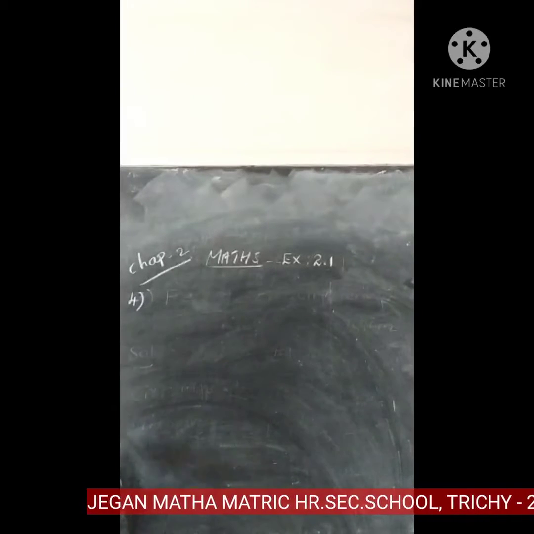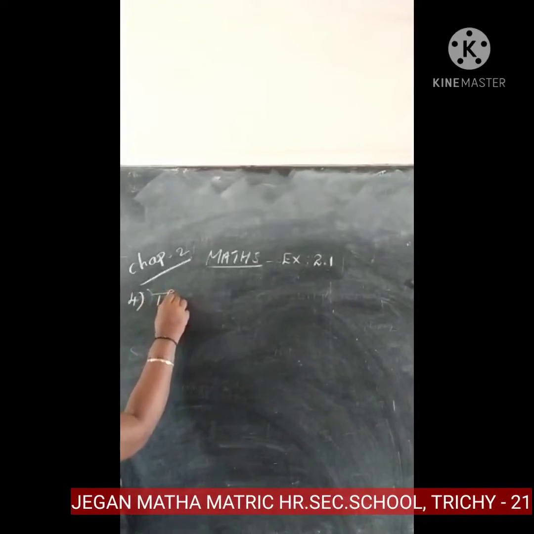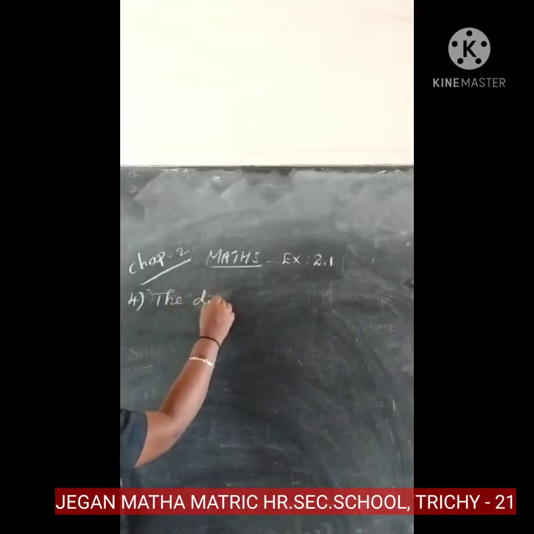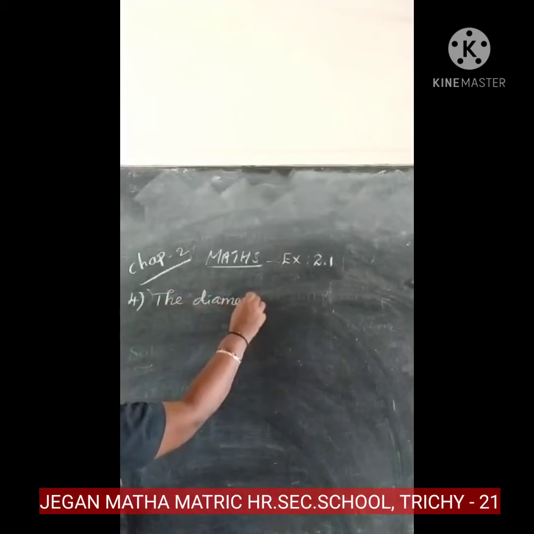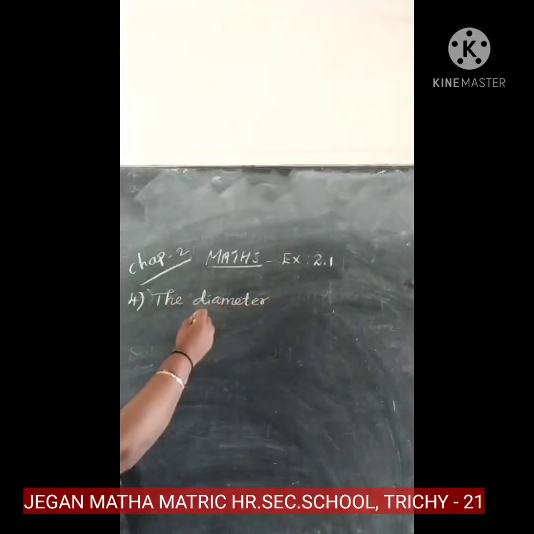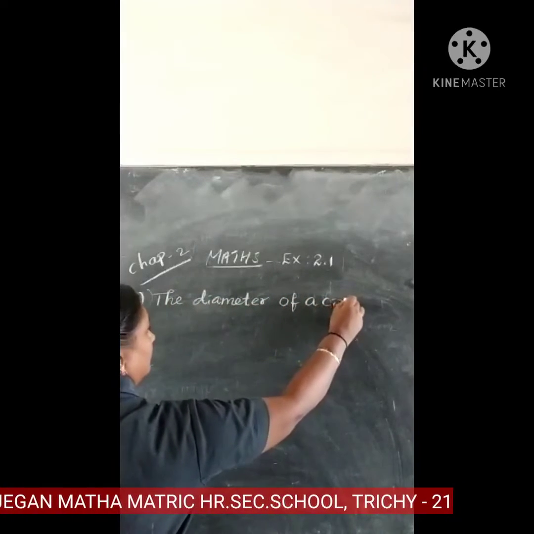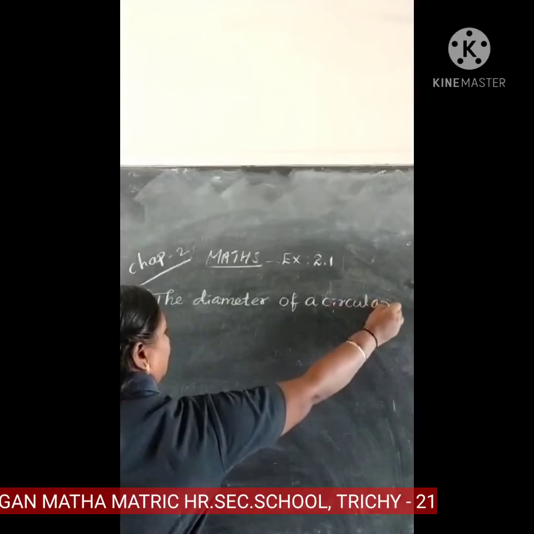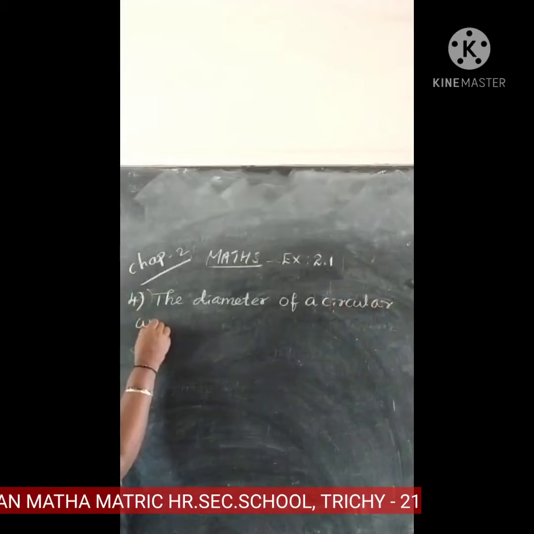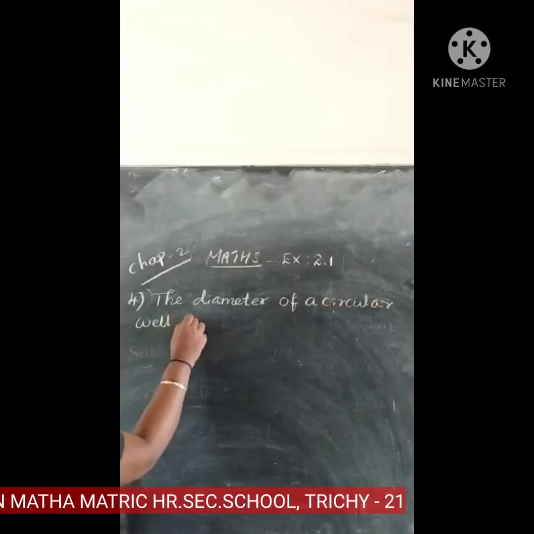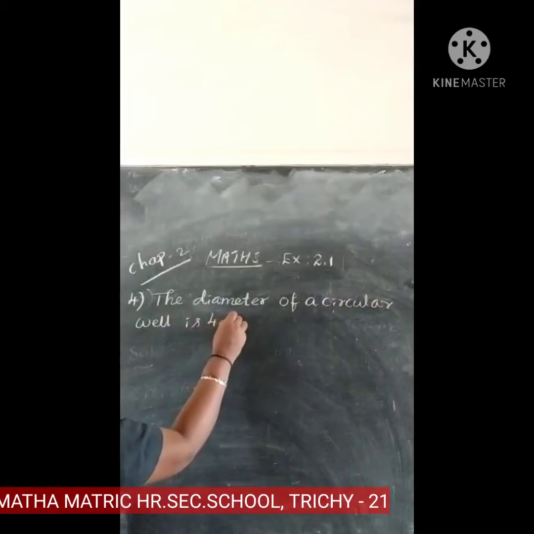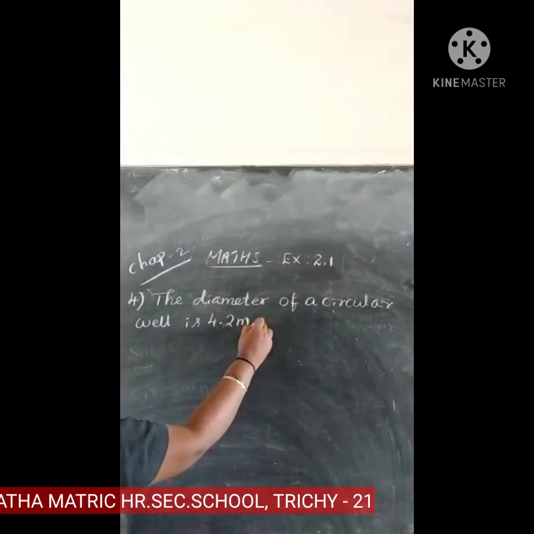The next sum, the fourth one: the diameter of a circular well is 4.2 meter.